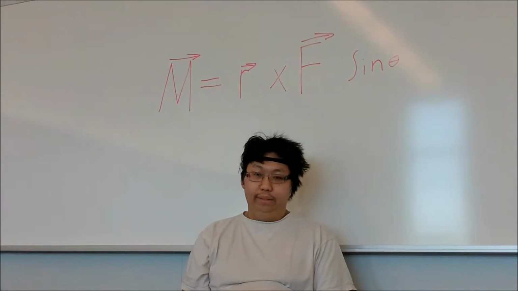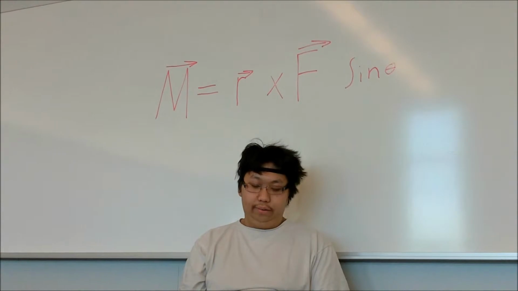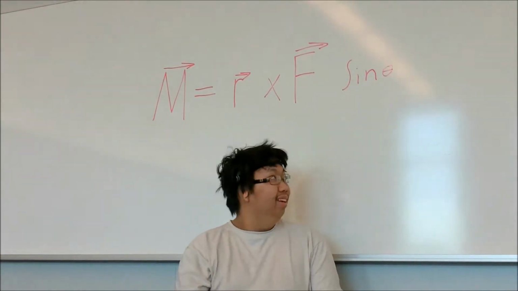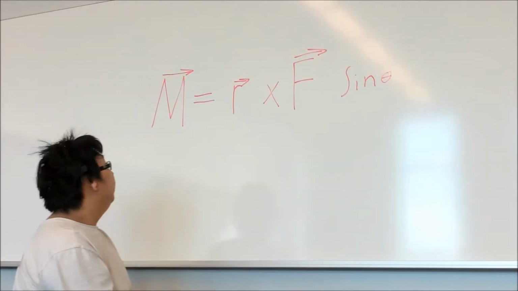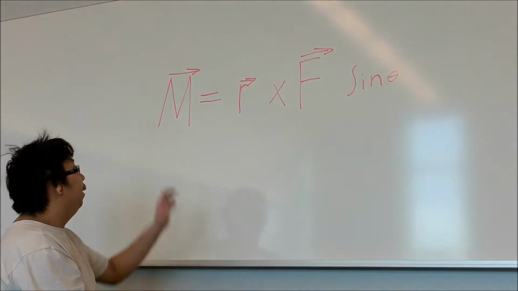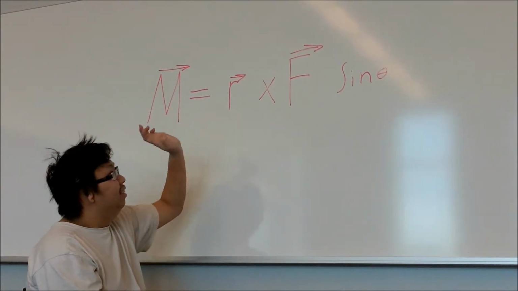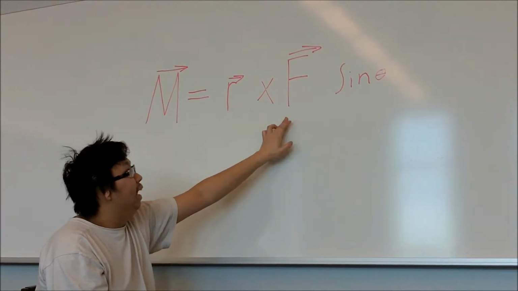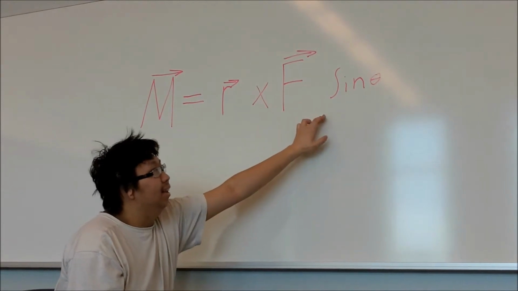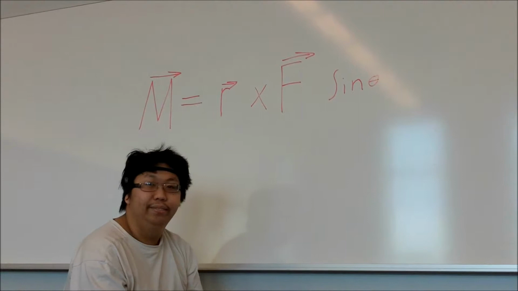Moment forces are a little tricky. A moment is a measurement of the tendency of a force to rotate an object around a point or axis. The moment force is determined by the equation as shown above. M equals R times F sine theta, where M is the moment, R is the distance vector, multiplied by F, which is the force, times sine theta, and theta is the angle between the vectors.